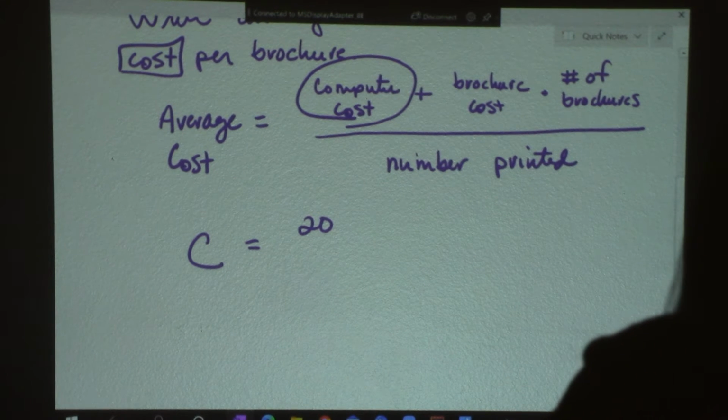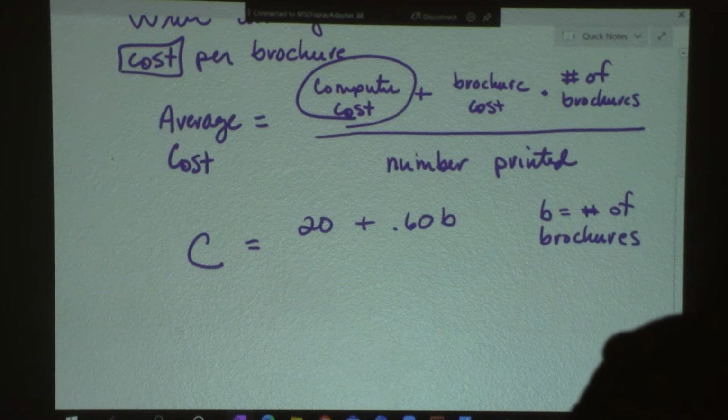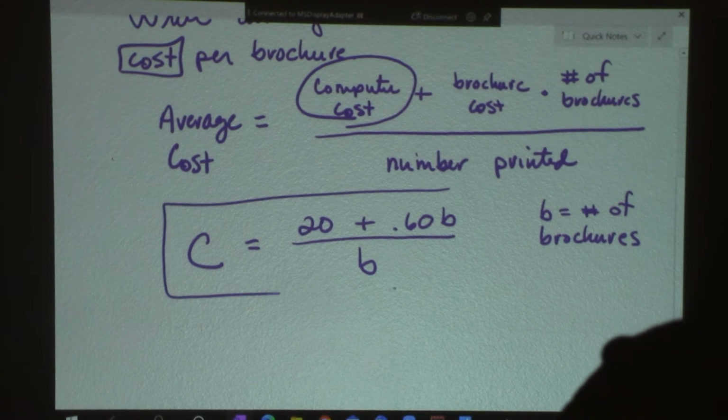And then my brochure cost is 60 cents each, and I'm going to multiply that by B, if B is the number of brochures. And the number of brochures would also go in the bottom. So that's it. That's my equation.